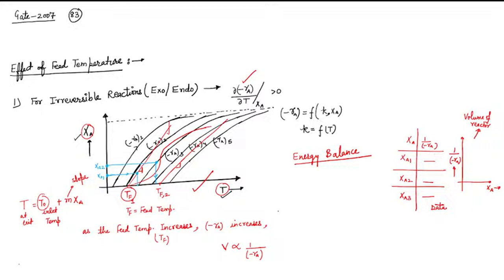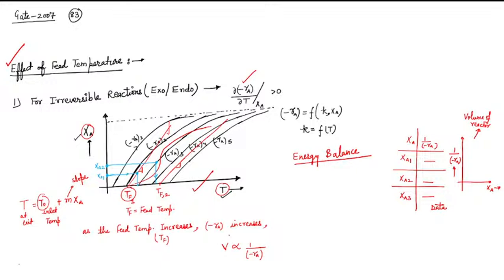So we are seeing the effect of feed temperature for an irreversible reaction, either endothermic or exothermic, taking place in the MFR, PFR, or whatever reactor. If the feed temperature increases, the rate increases.